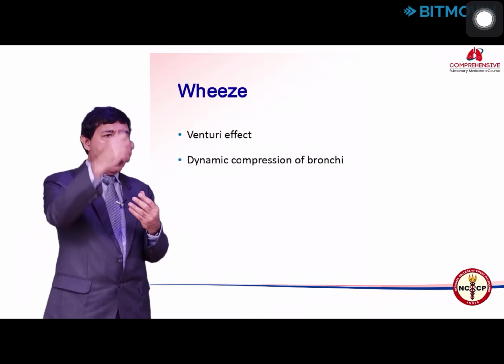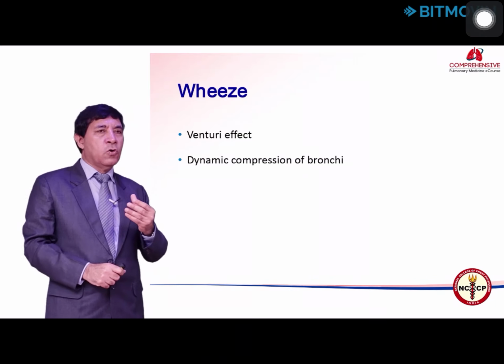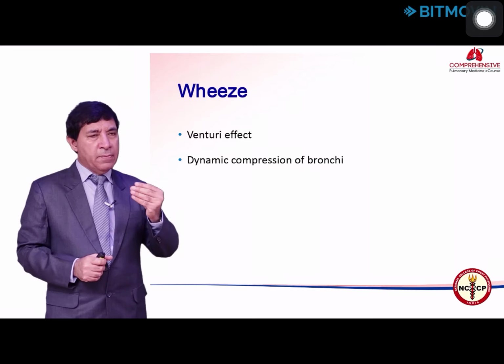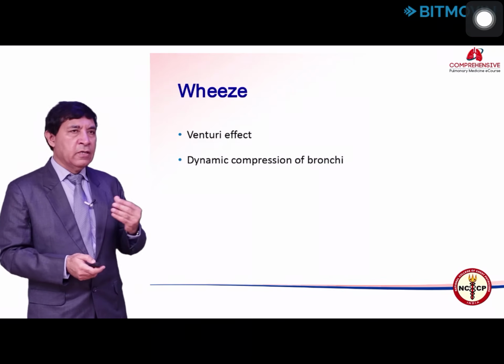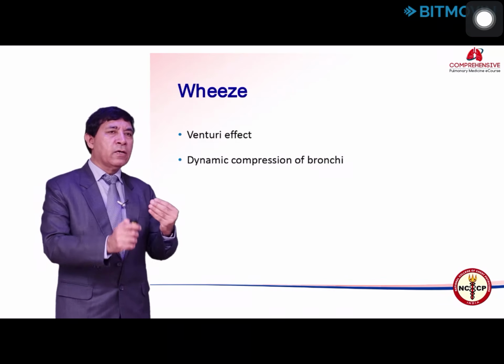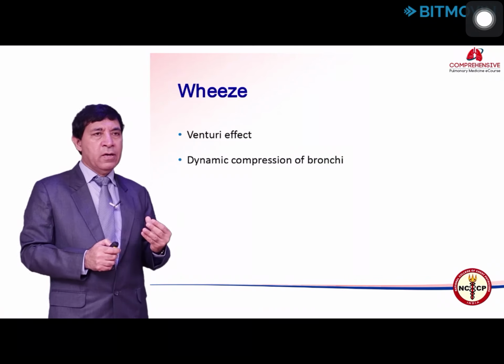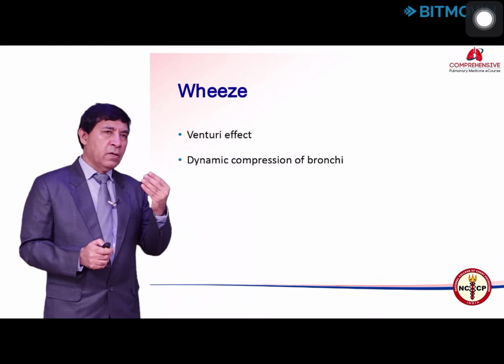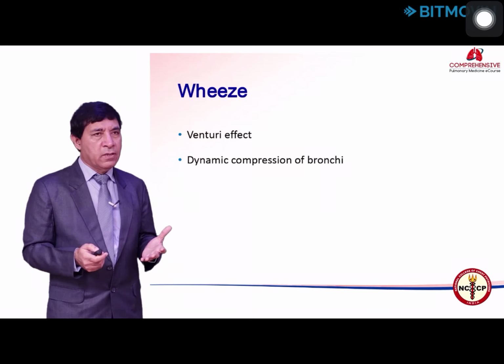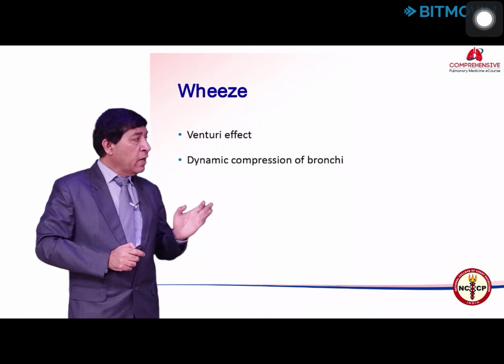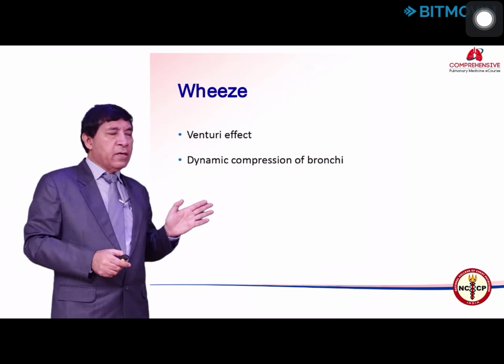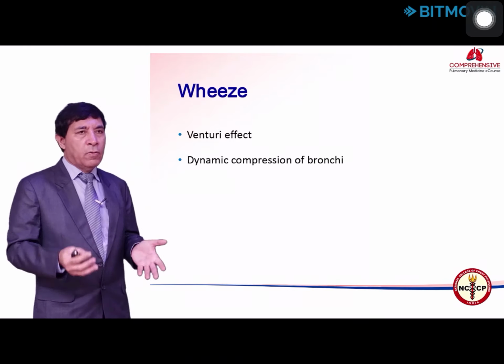The moment it springs back, the airflow is resumed and the second cycle of dynamic compression starts. In this way, with repeated opening and closure of this stenotic segment, this part of the airway sets into vibration and produces wheeze.